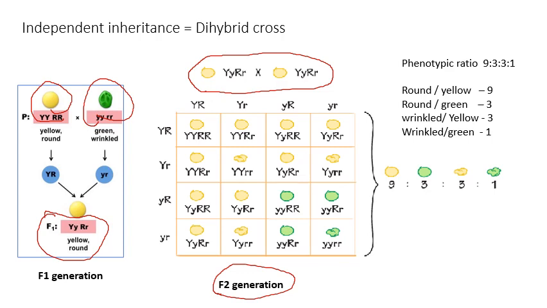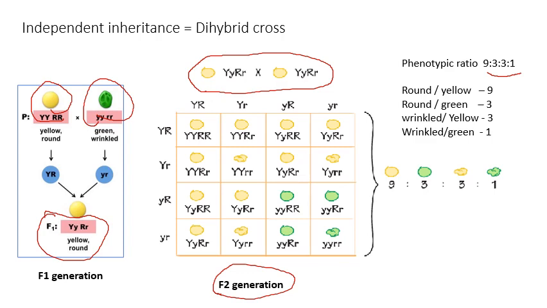Can you see that? See the phenotypic ratio. The phenotypic ratio goes 9:3:3:1. What does it mean? It means I have round and yellow 9, round and green 3, wrinkled and yellow 3, and wrinkled and green 1.